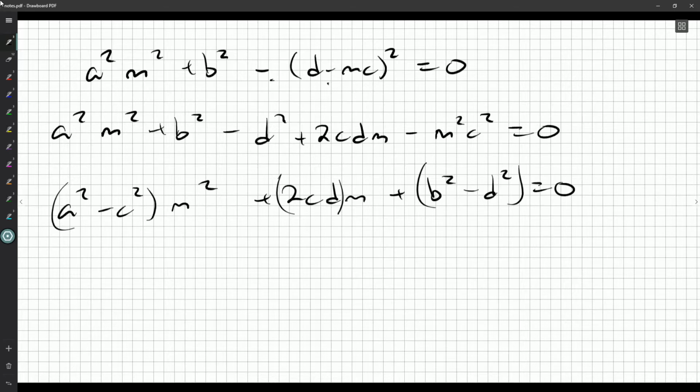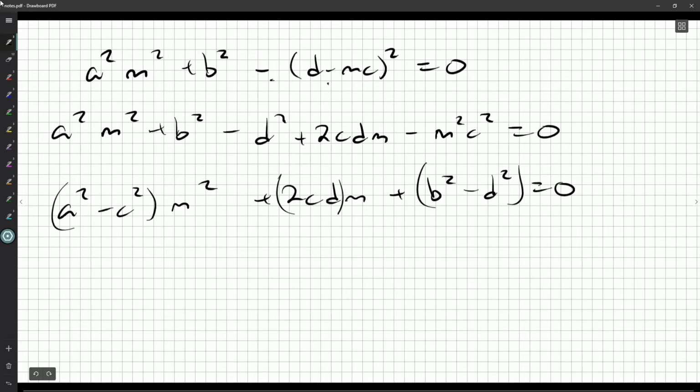Okay. Now, we could use the quadratic formula and solve for the values of m in terms of a, b, c, and d. But what I want is to show that the slopes are negative reciprocals. So another way to do that is to show that their product is -1.